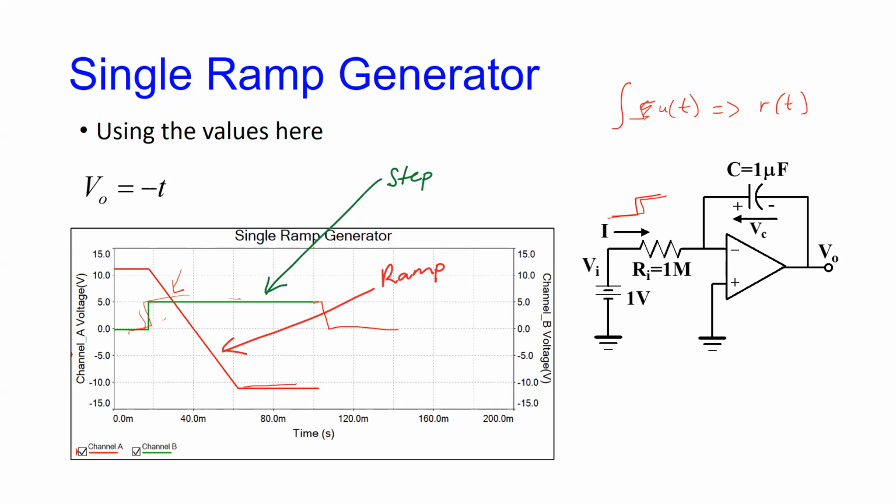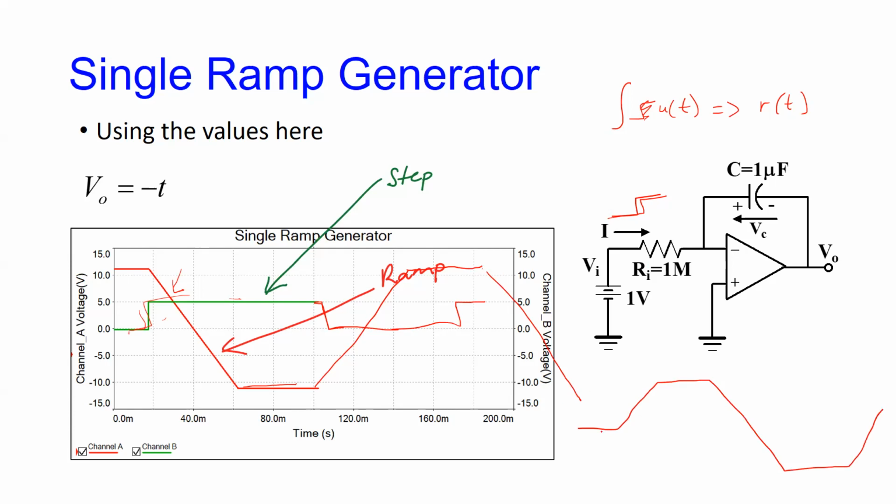Then if I put a step going the other way, it's going to integrate that but invert it, so you get a ramp going this way, and then it's going to stay here. And if I switch this back positive again, it's going to integrate and give me a negative. So if I manually switch it, I get this kind of behavior.